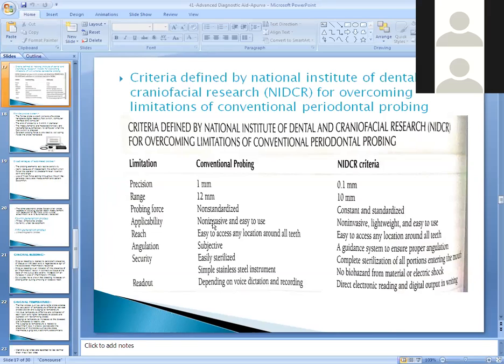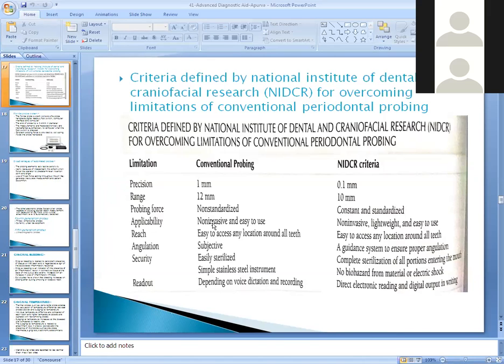So few areas will be inflamed more, few areas might be inflamed in lesser amount, but if you use the same amount of probing force for all areas, it will hurt in the inflamed area. So standardization of probing force also may be a drawback.